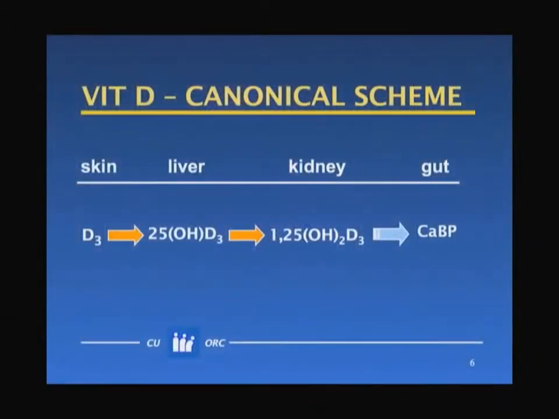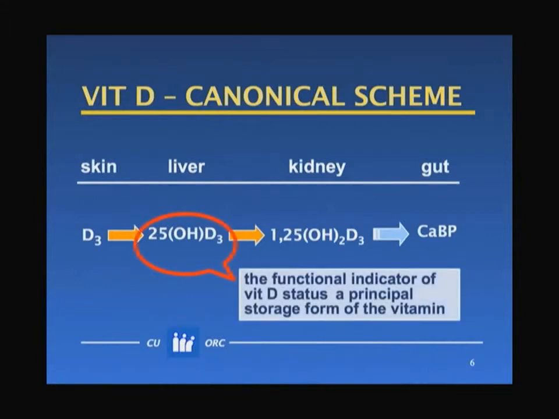This is basically what we've known for 20 or 30 or maybe even 40 years now, and that's why I refer to it as the canonical scheme. That's what you learn in the basics if you are going to school. And as I've already indicated, 25D is the functional indicator of vitamin D status, and it's a principal storage form of the vitamin. You can see that on one of the posters outside, where we've tried to quantify how much of the vitamin D activity in our body is in what forms and where it's located.